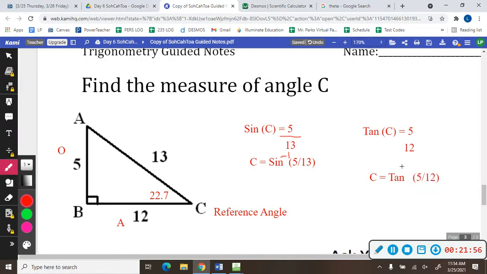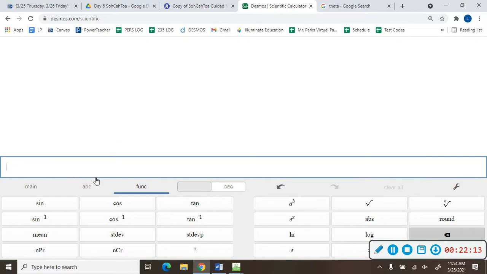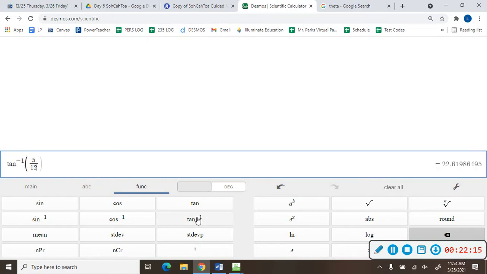And I'll put the inverse symbol here, and then my division. So if I type tan inverse of 5 divided by 12, I will also get 22.7. Same thing. So it would not matter which trig ratio you use.